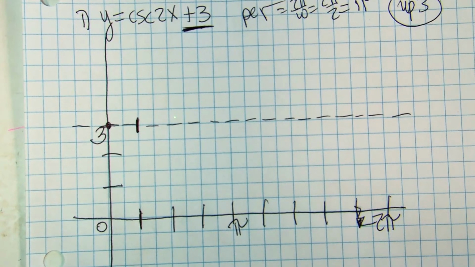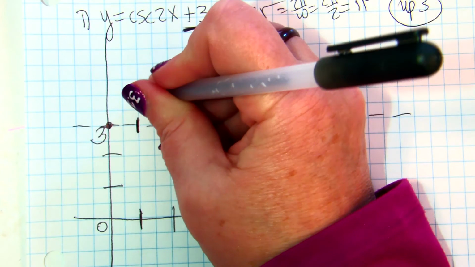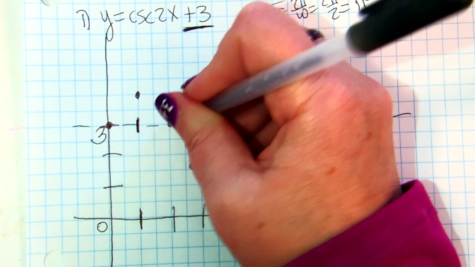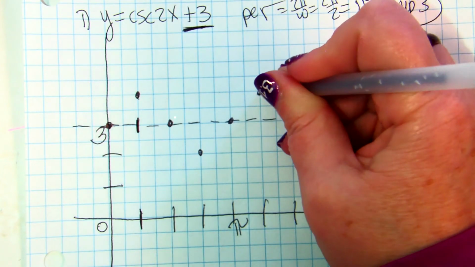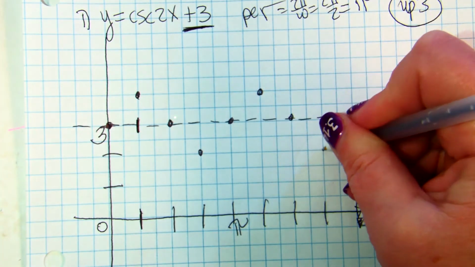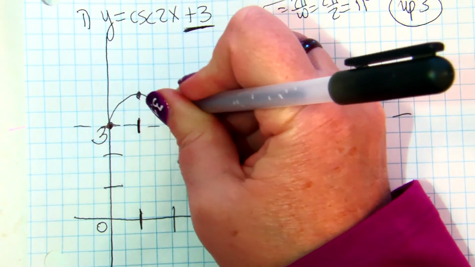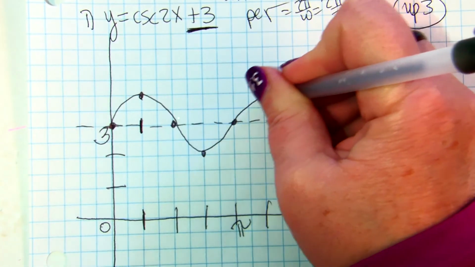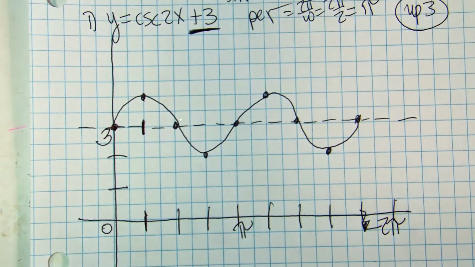So then we start here and then we go up and 0 and then down. We make our points. And then you graph your smooth sine curve, and it's been moved up 3 already, so you don't have to draw lots of different graphs. It's been moved up 3, it has the right period, it's sine, so it's cosecant.